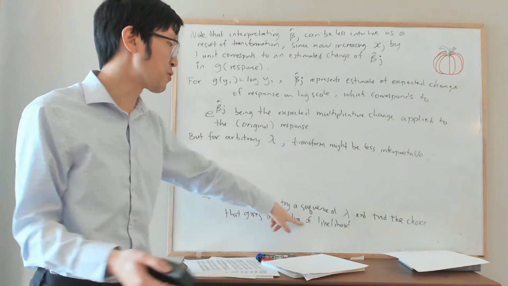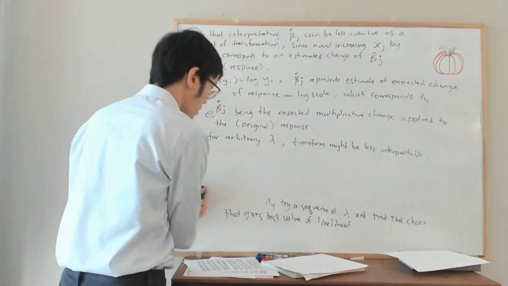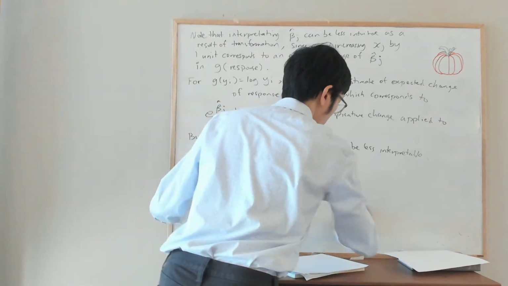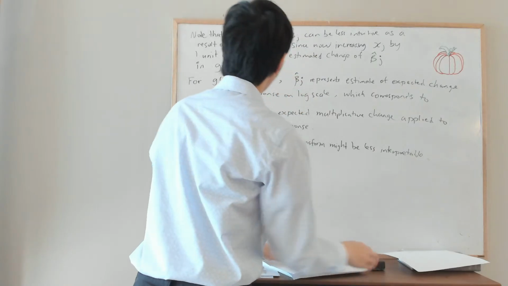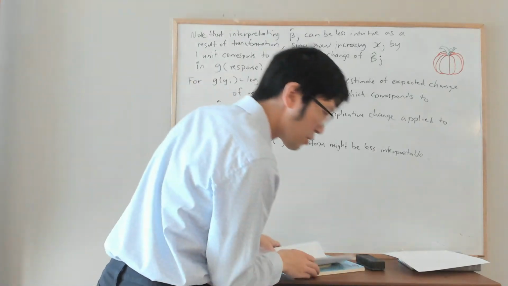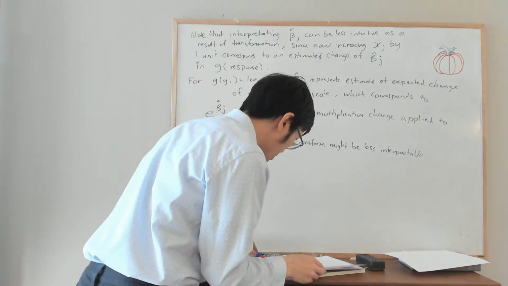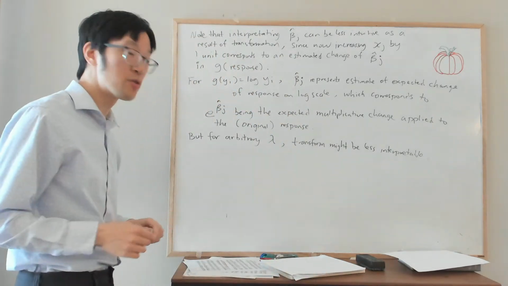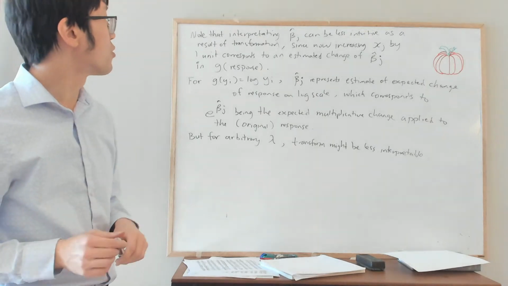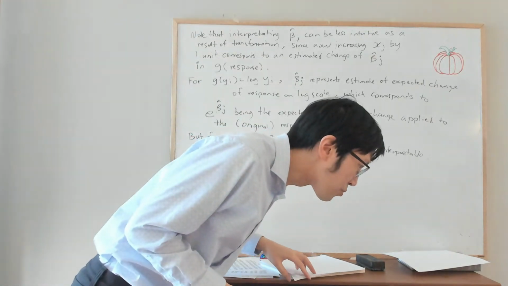We just search for the one with the best likelihood. Okay, so that was the first key idea, which is we can transform the response to help address issues in non-constant variance.